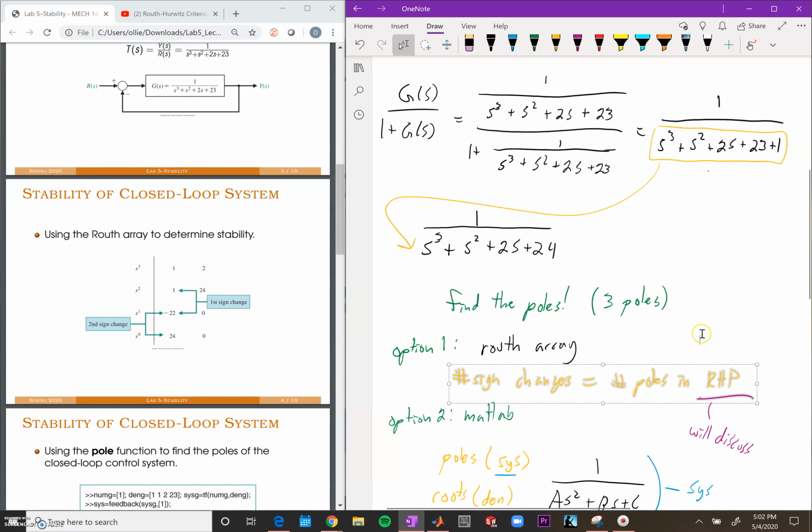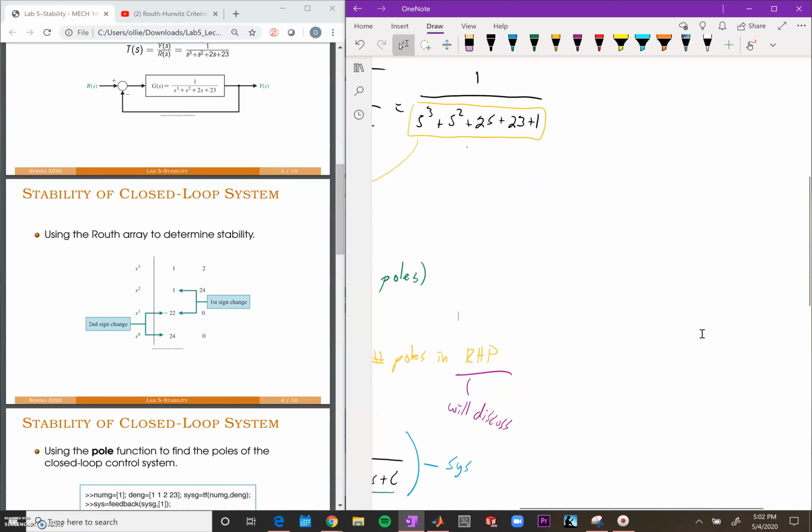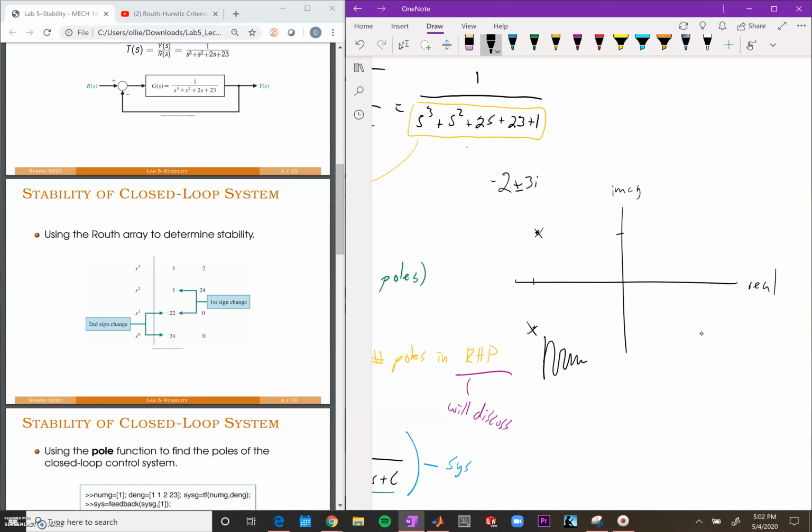I'll talk about why right half plane poles lead to unstable systems, with a refresher from vibrations. This is the imaginary axis and this is the real axis. If your pole is like -2 plus or minus 3i, your response is going to look like this, like an underdamped system.